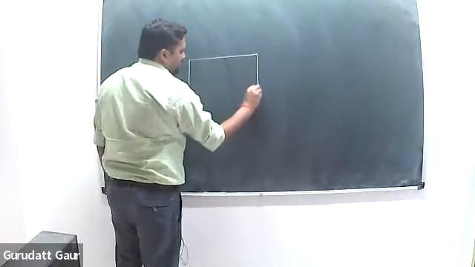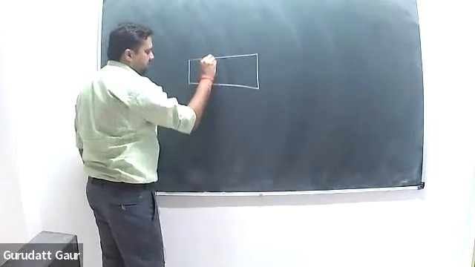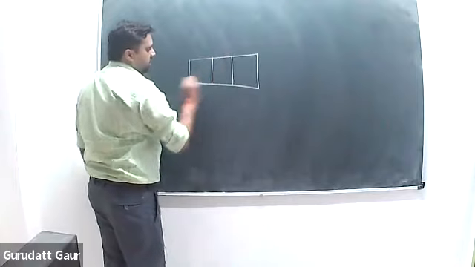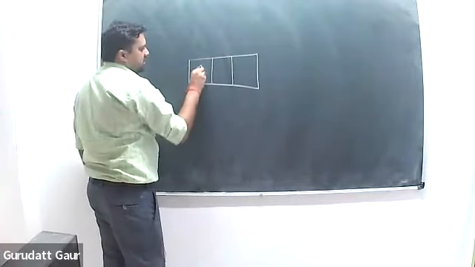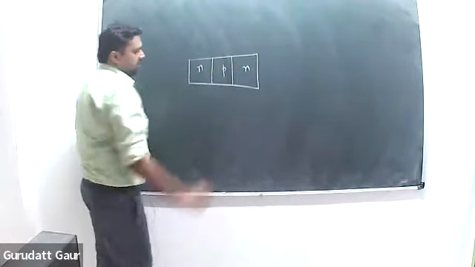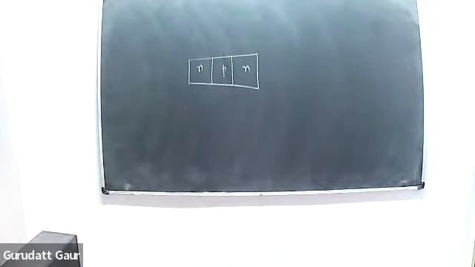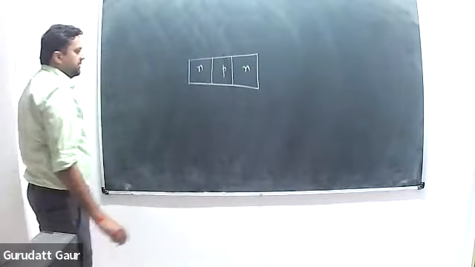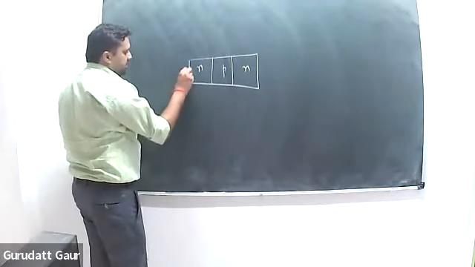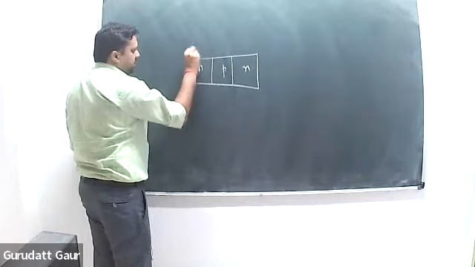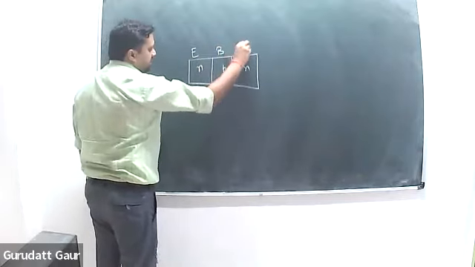So why only two? Can we keep three pieces of semiconductor side by side, N, P, N? In that case, this becomes the emitter, this becomes the base, this becomes the collector.